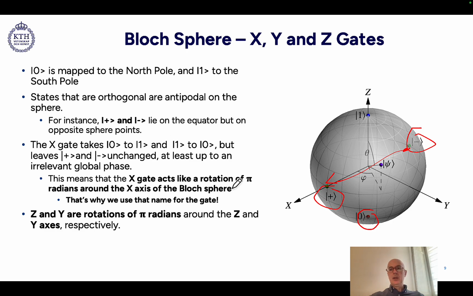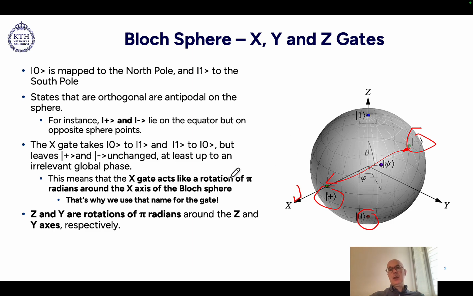But also it leaves the plus and the minus states unchanged. So the X gate can be seen as a rotation by pi. The X gate acts like a rotation of pi radians around the x-axis in the Bloch sphere.